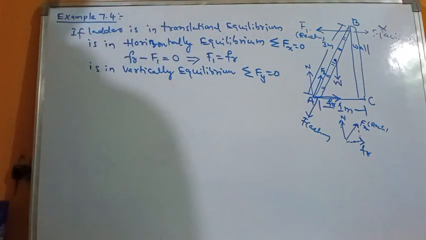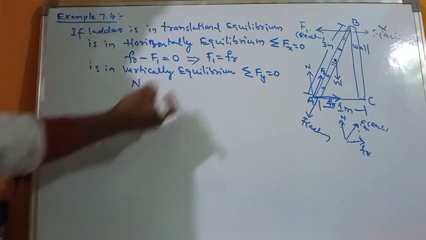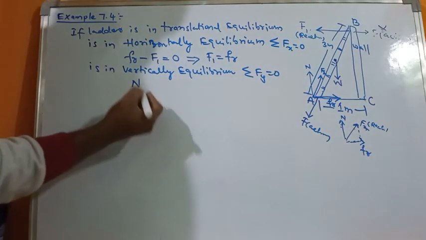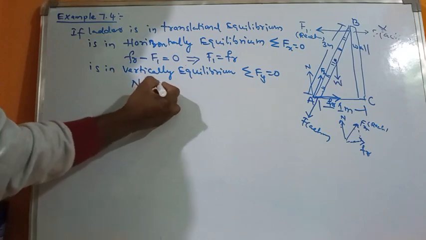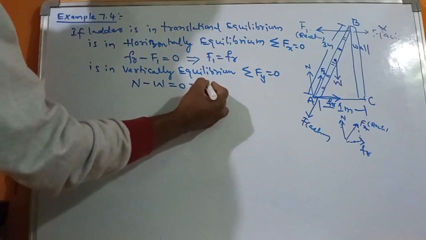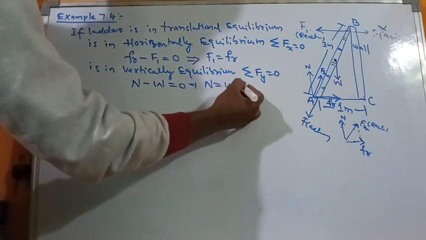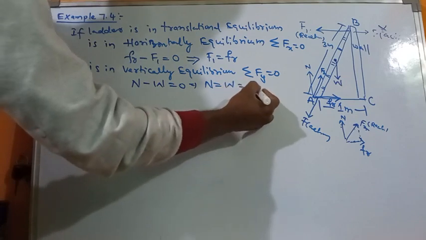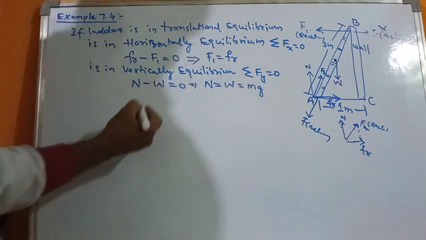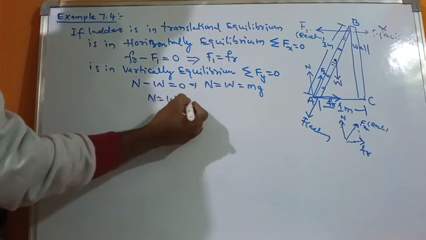So the normal reaction is positive, and W is negative, so N minus W is equal to 0, that is N is equal to W, and W is equal to M into G.